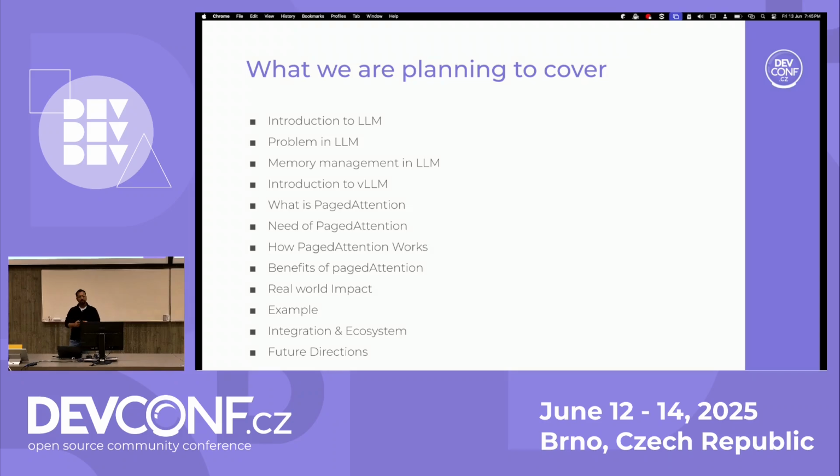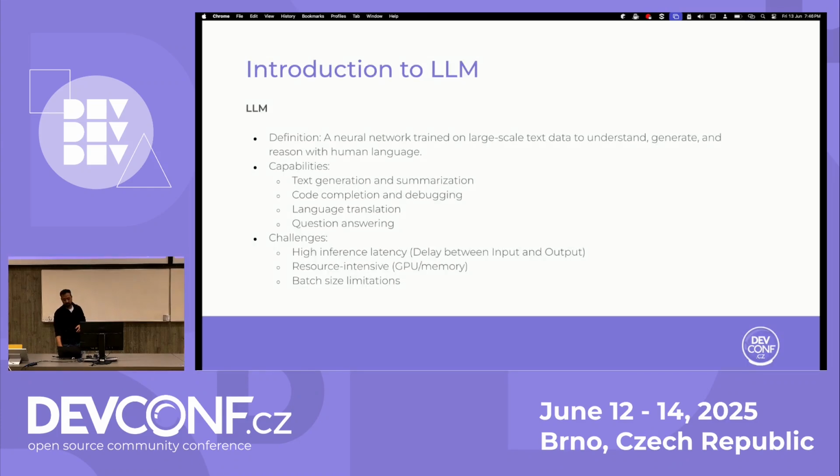Then we'll look at what PagedAttention is, how it works, what the need for PagedAttention is, what the benefits of PagedAttention are, and what the real world impact of this feature is. Then we'll see an example, how we can integrate this feature into systems, and what the future directions of this feature are.